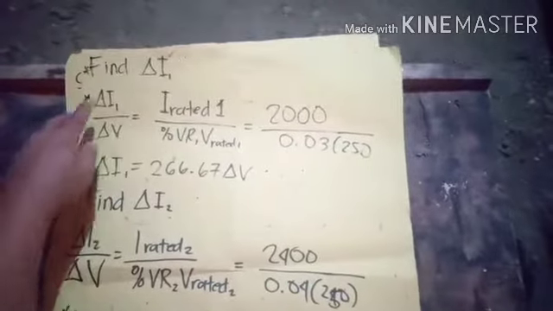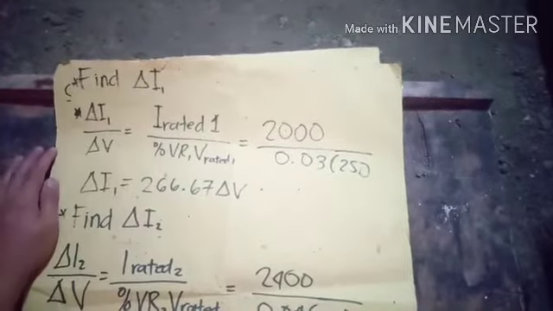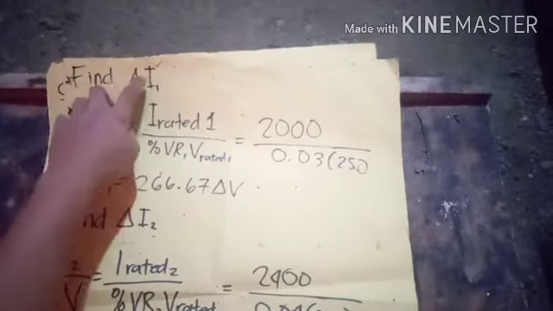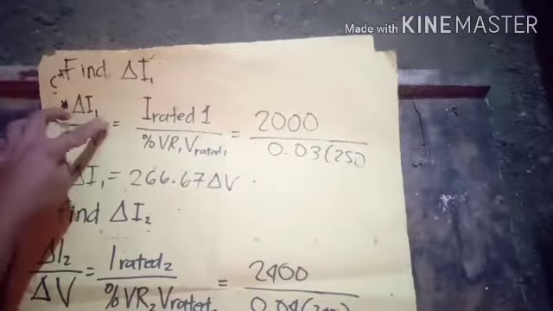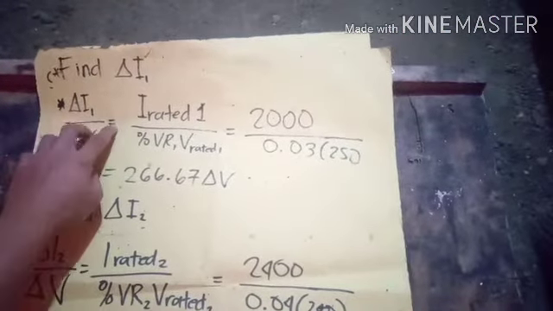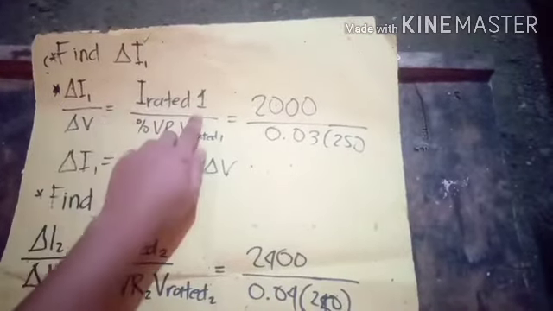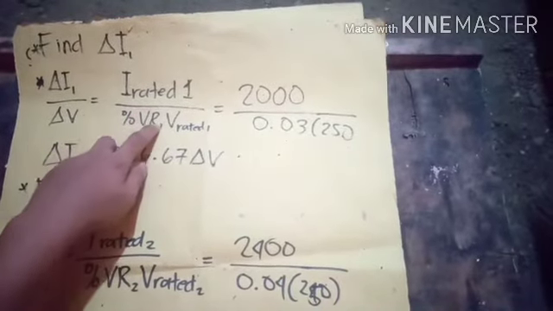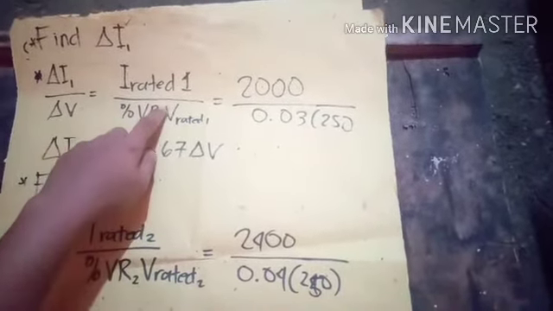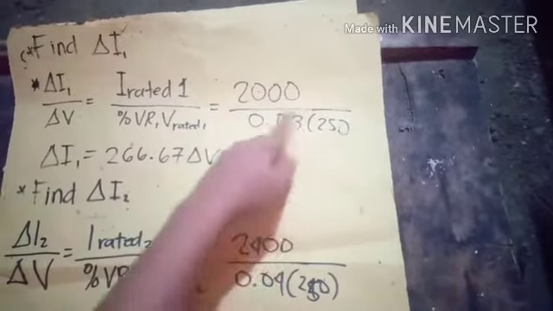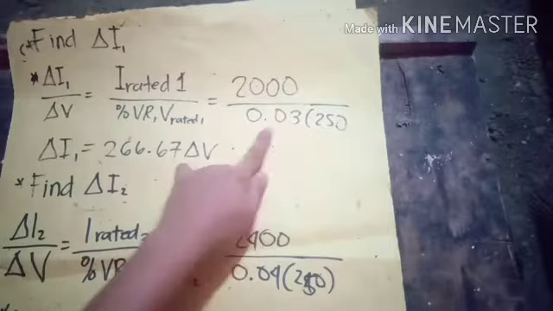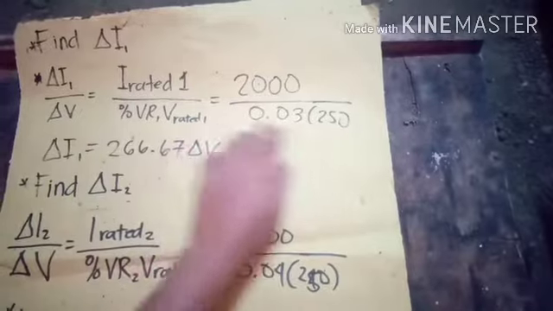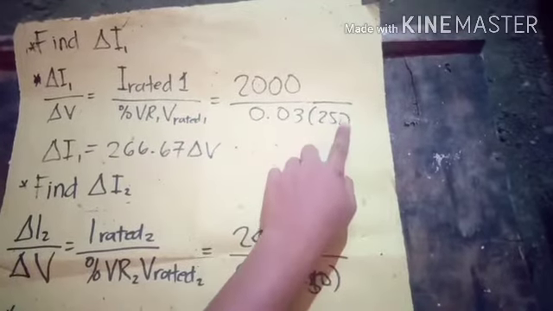First, find the change of I sub 1. Change of I sub 1 over change of V is equal to I rated sub 1 over percent V R sub 1 times V rated sub 1, which is 2000 over 0.03 times 250.